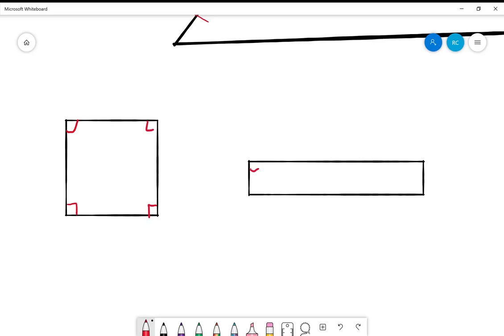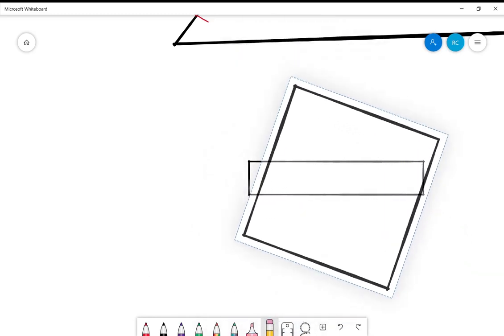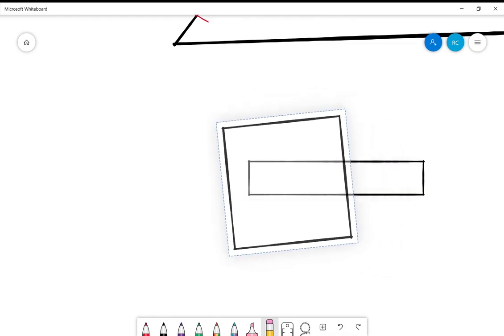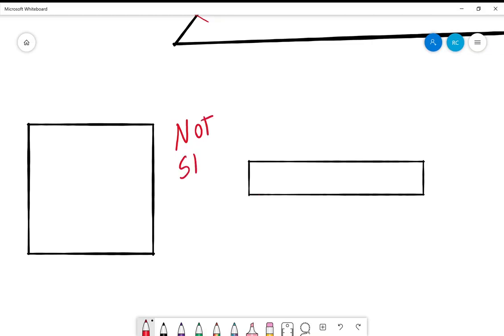And in the other one, we have all right angles. So in this case, we do have all of the angles being congruent, but it's pretty obvious when you look at these two that they're not the same shape. There's no way that I can take this one on the left and expand or contract it in order to perfectly overlap this other one. There's just no way to do it. So these two are not similar.